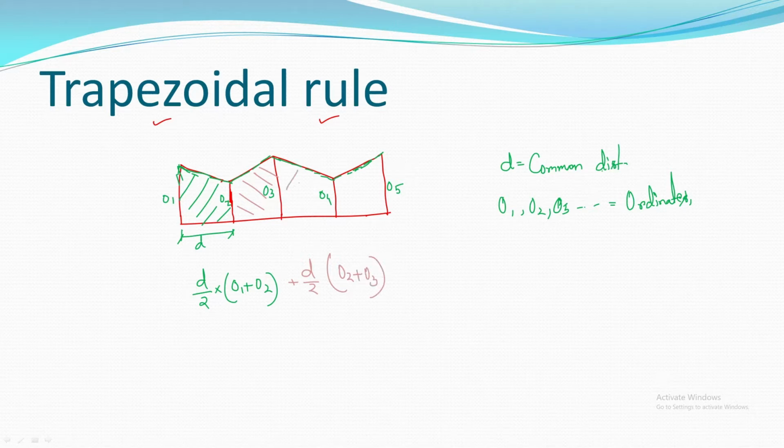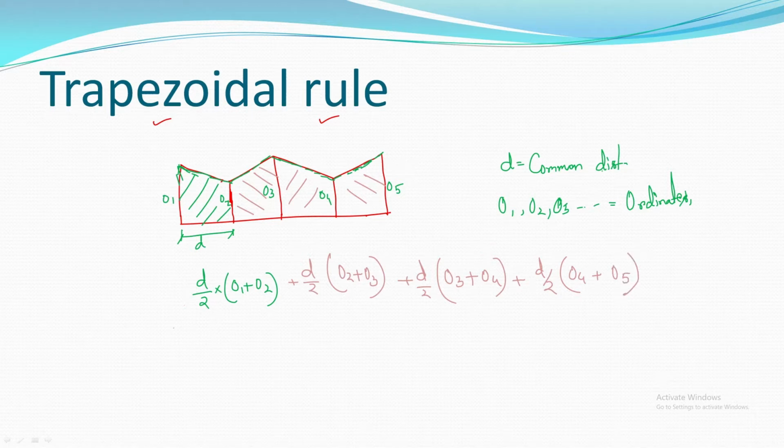Similarly, for this particular portion, that will be d by 2 into O3 plus O4, and the last portion, plus d by 2 into O4 plus O5.